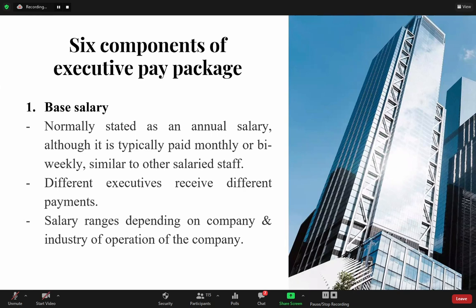The base salary is usually stated as an annual salary, which is usually broken down on a monthly or bi-weekly basis. Bi-weekly means after every 2 weeks. Different executives receive different payments, which depends on the company's policies and the industry which the company operates in. Next slide.